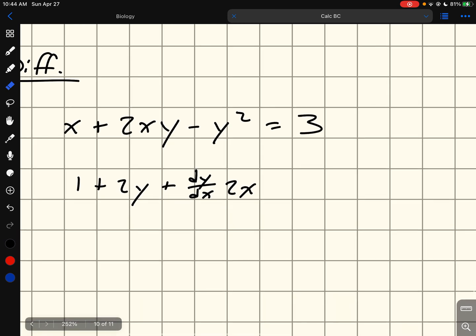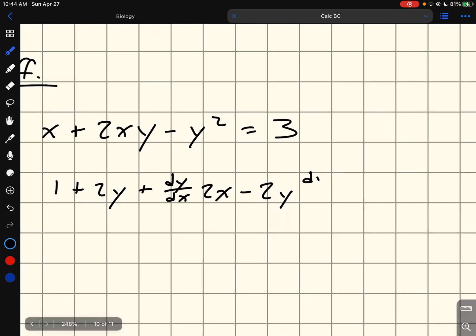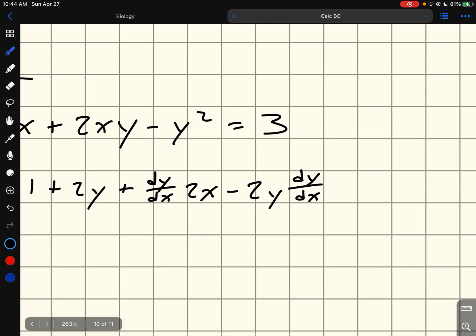And then we have this one to take the derivative of, which we can just use power rule. Take the exponent down and then subtract 1. I'm just going to write y, and then again, we need to remember to write our dy dx. The reason we have this is because we're taking the derivative of y with respect to x.